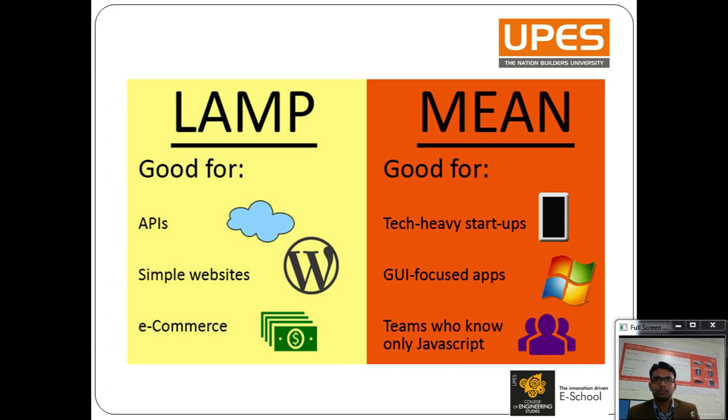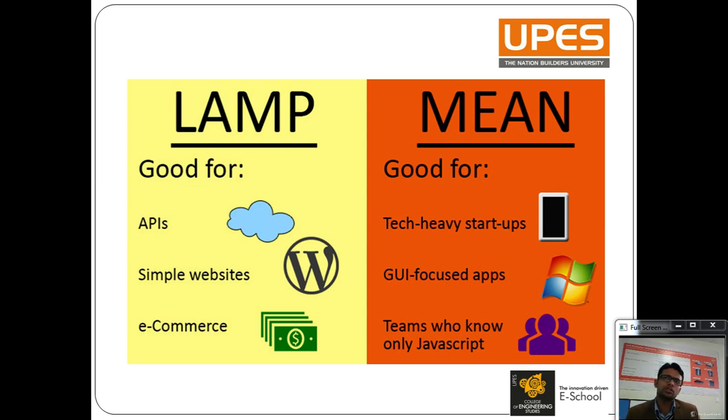We can't say LAMP is better or MEAN is better. This is really project specific, because it depends on the available skills, business constraints, and application demands, and one could be forgiven for choosing either option. And in some applications you may have both stacks: you may have LAMP for the API and MEAN for the GUI specifically.